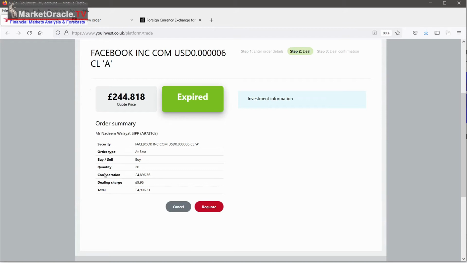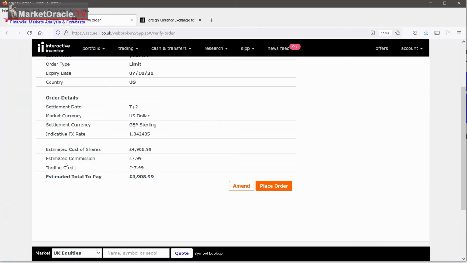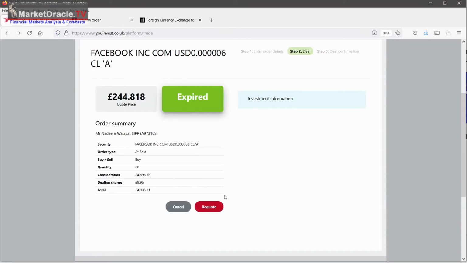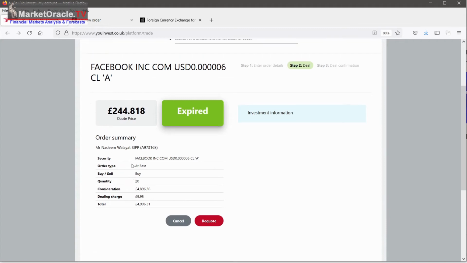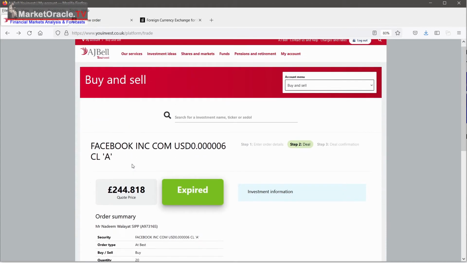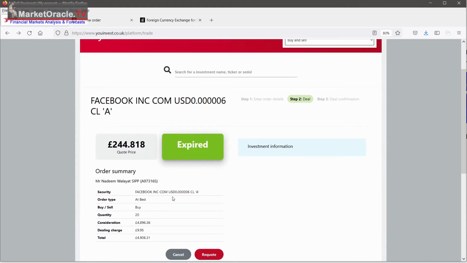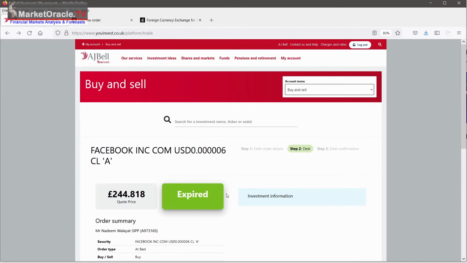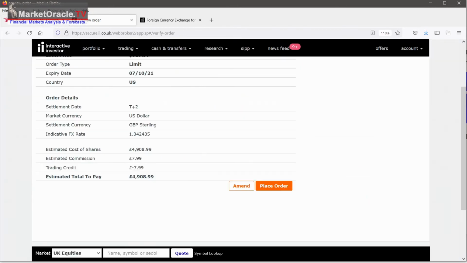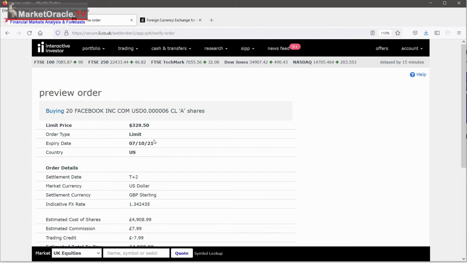The only difference is this is spot and this is limit at 329. So following this test, obviously I'm not going to buy any US dollar shares with AJ Bell.